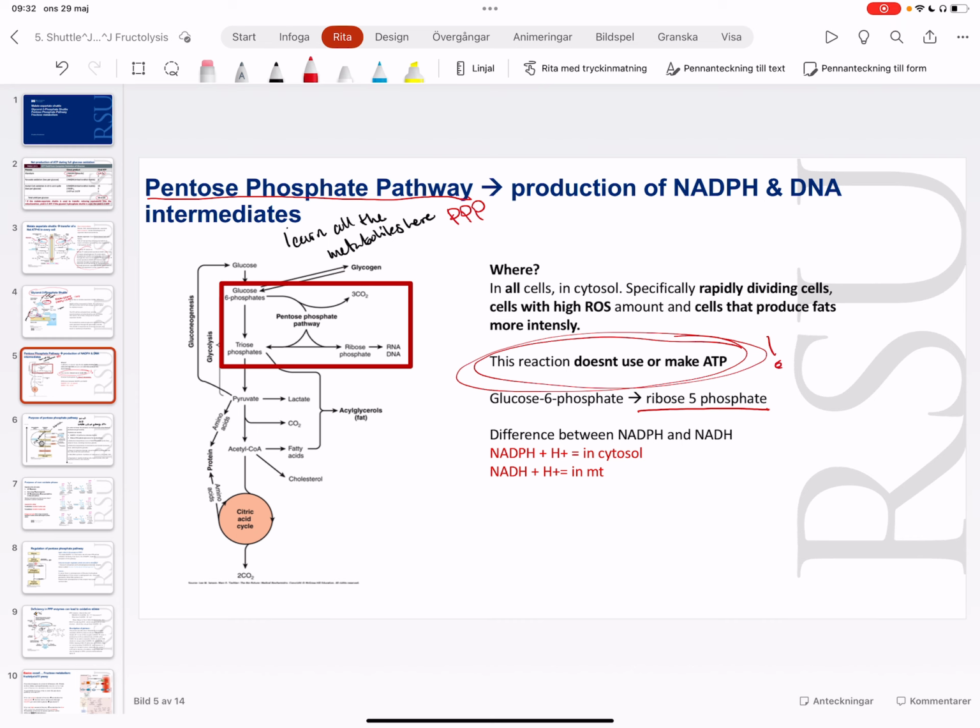Yes. We don't have to know exactly the difference between NADPH and NADH, but I think they said it in a lecture earlier, in the lecture of citric acid cycle.